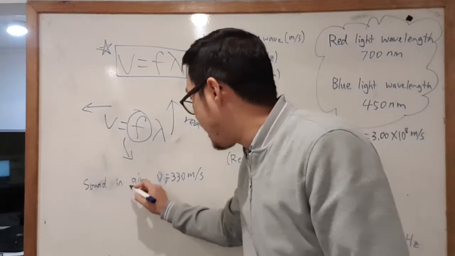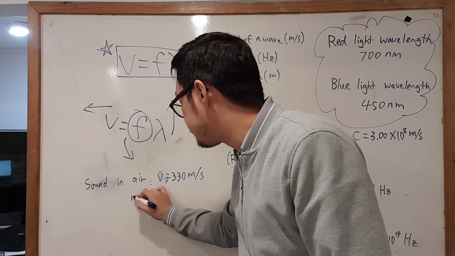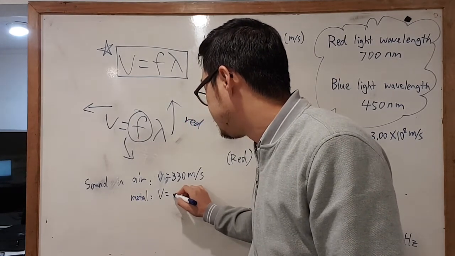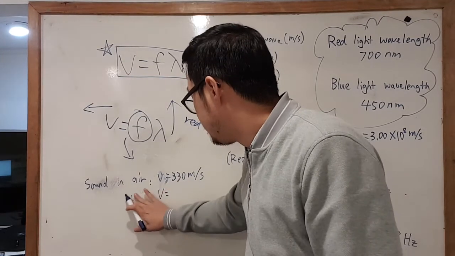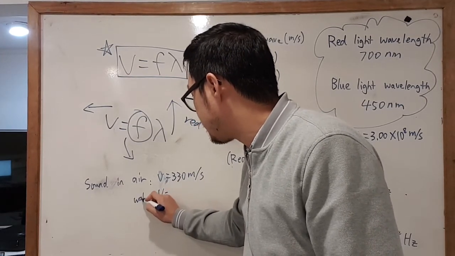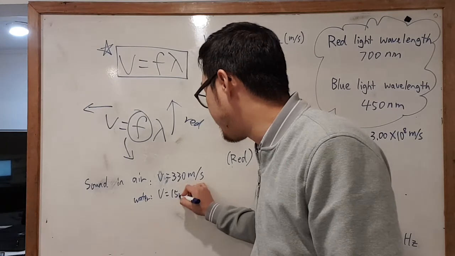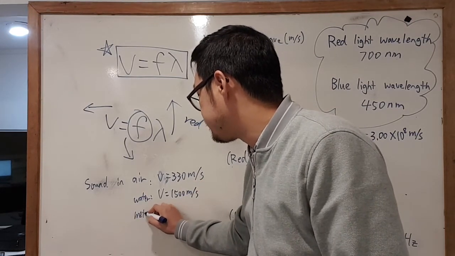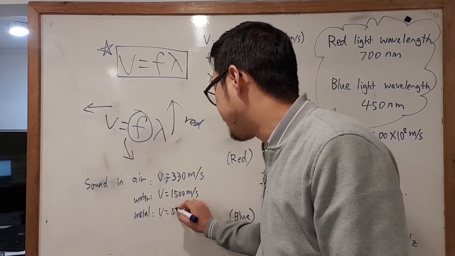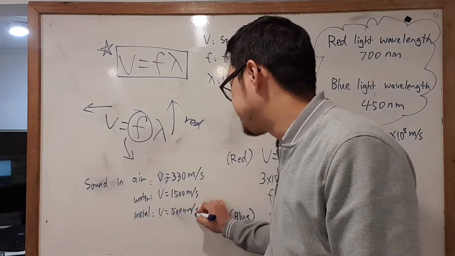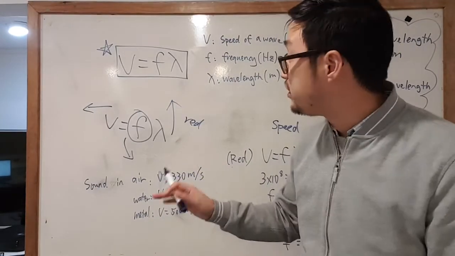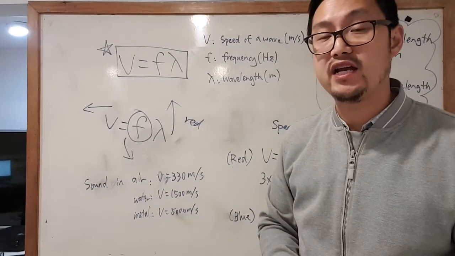Okay, and if sound travels in water, first, in water sound travels at 1,500 meters per second, and in metal, it actually travels about 5,000 meters per second. Okay, so the speed of something, we can know it. Once we know it, if we change the wavelength, we can change the frequency as well.